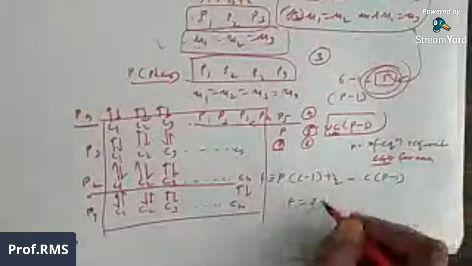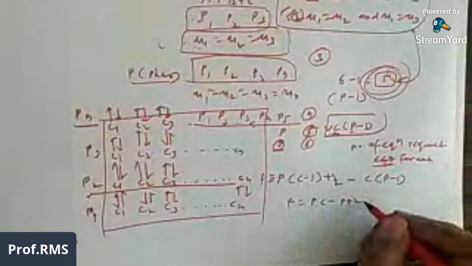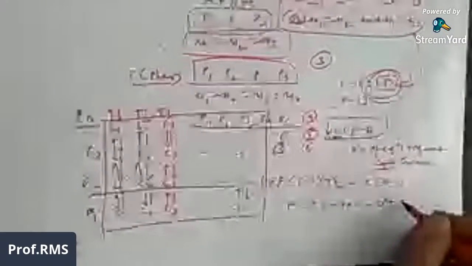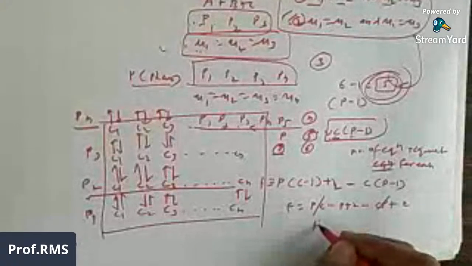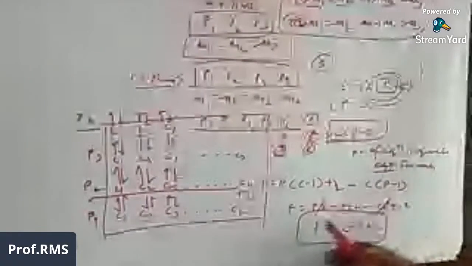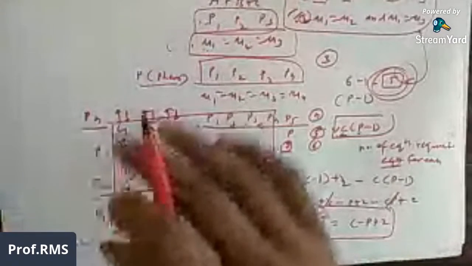So pc minus p plus 2 minus cp plus c. cp gets cancelled, and the remaining term will be c minus p plus 2. So that is the phase rule.